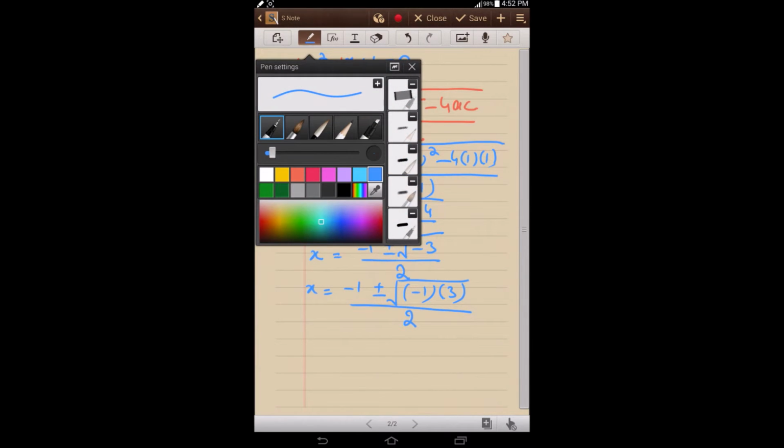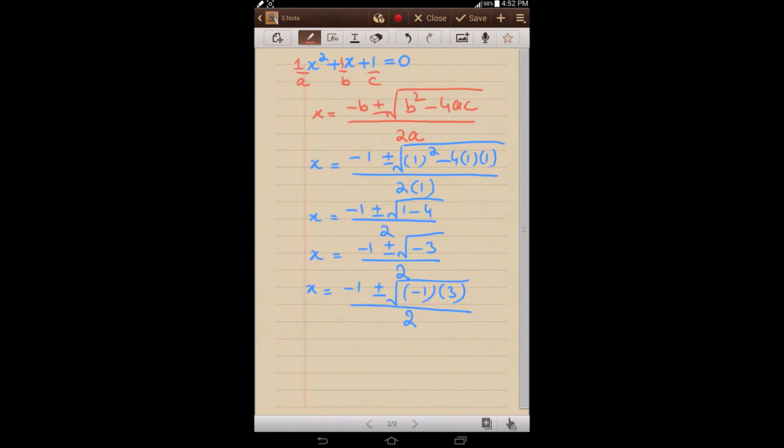We already know this minus 1 we can write as iota. I is an imaginary number, we also call it iota. I will use the word iota. Iota square is equal to minus 1. This we already know. Or we can write iota is equal to square root of minus 1.